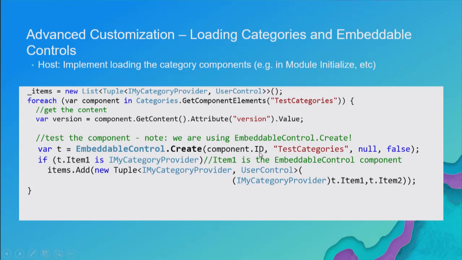I provide the ID of the component I want to create and the category. Test categories. Null and false, ignore those. It's not important what they do, just leave them like that. I test the first item in the pair, the view model, for my category provider interface. It's good. I keep the pair.